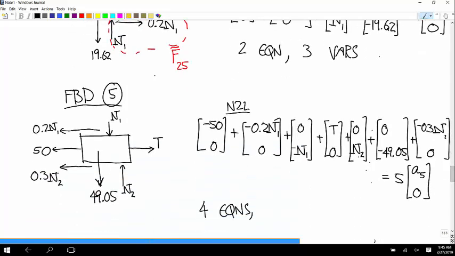And then N2 is 4. And then A5 is 5. We need one more equation without adding any variables. Anyone have any idea where this extra equation is going to come from?